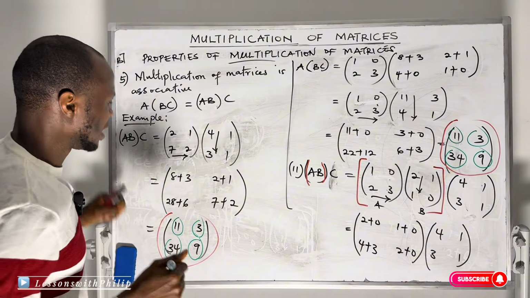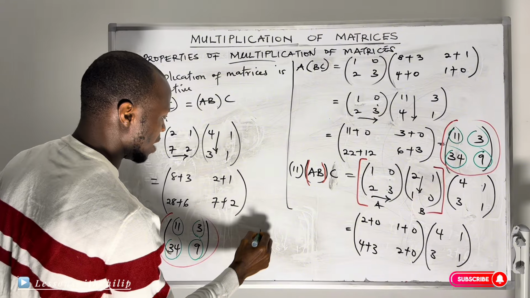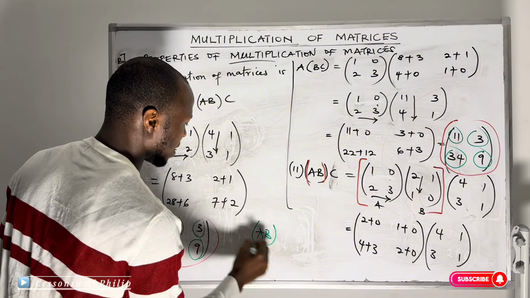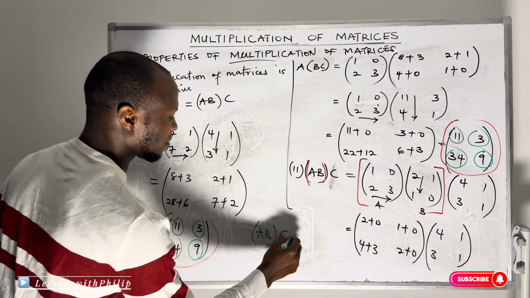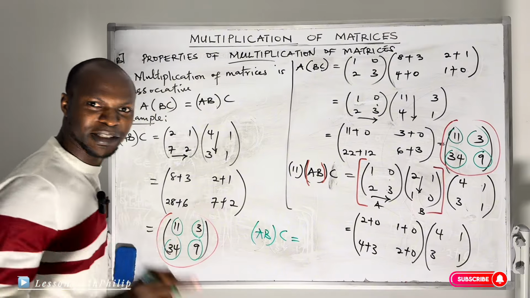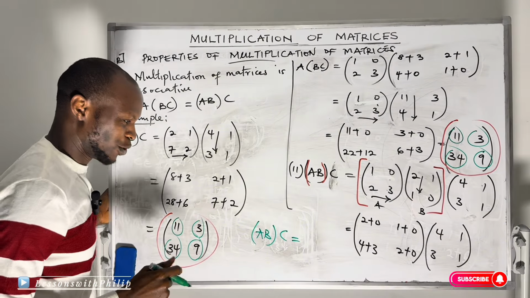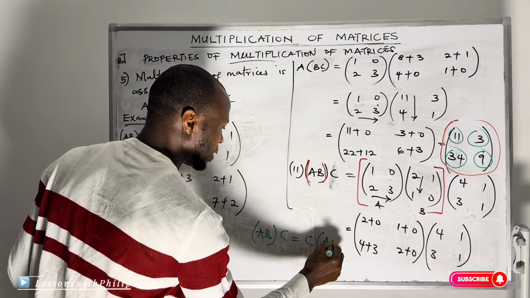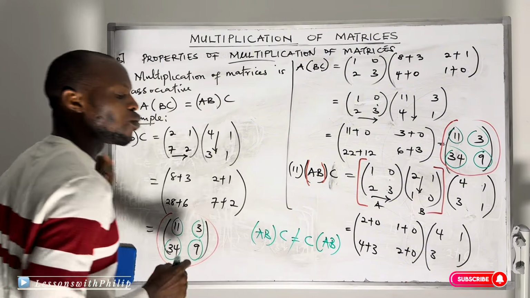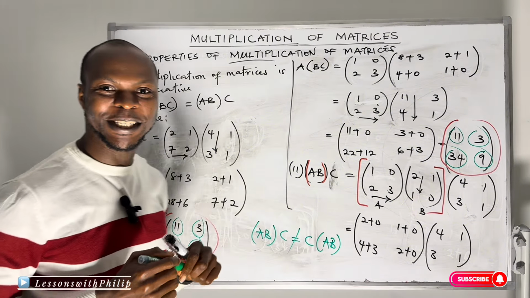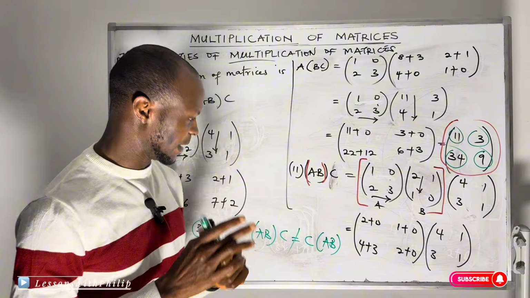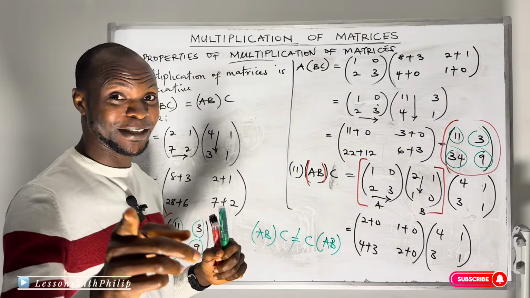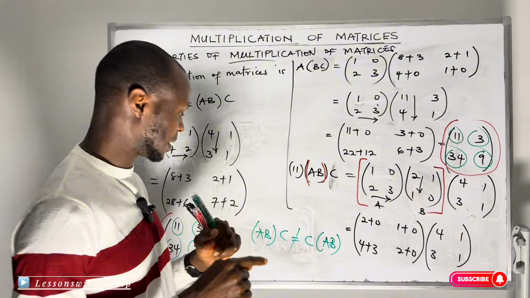Somebody is asking, is AB multiplied by C the same thing as C multiplied by AB? Can you prove this and send me the result? No, it's not the same. Don't forget, we have discussed that in one of our properties.